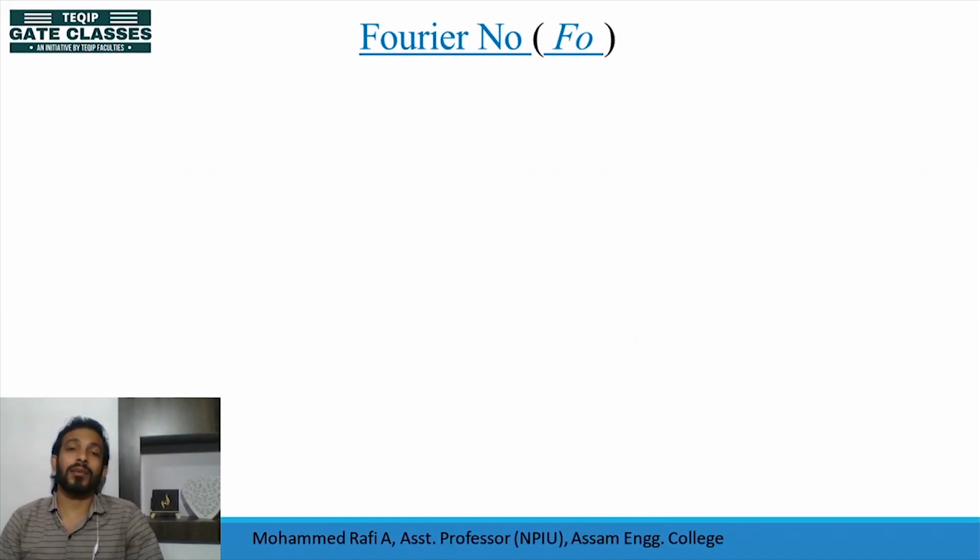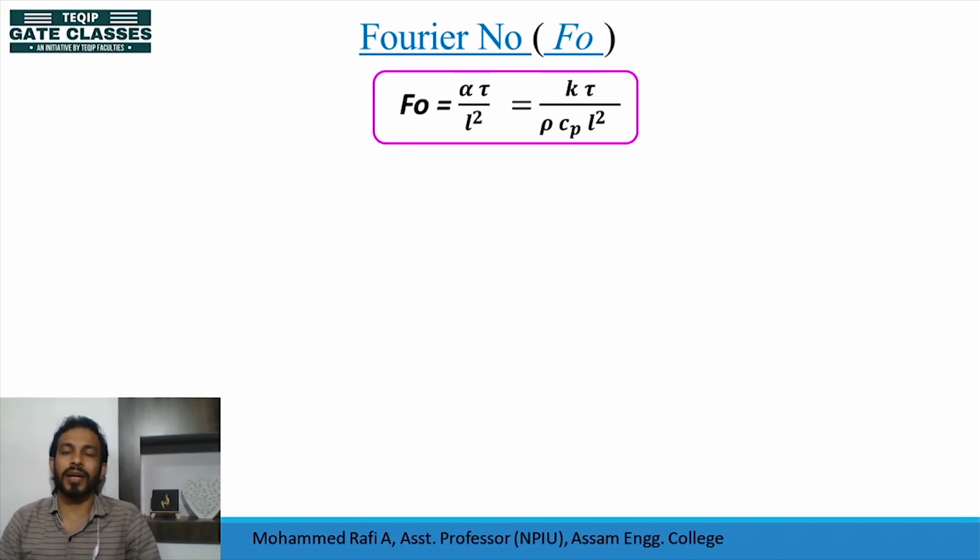Another dimensionless number is the Fourier number. It also has some relevance. Before talking about the physical relevance, let's first identify what the Fourier number is. These numbers, the Reynolds number rho v d by mu, the Biot number hL by k, or the Fourier number alpha tau divided by L square, all come from observations while doing experiments.